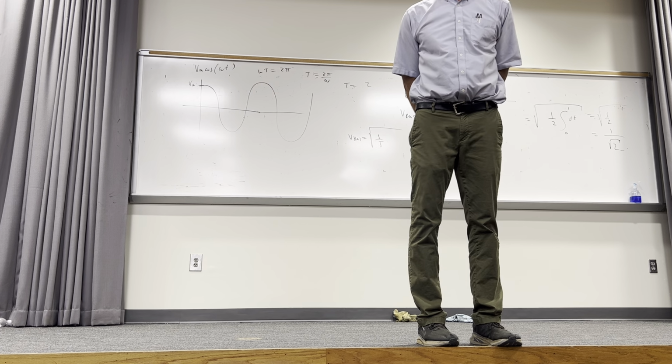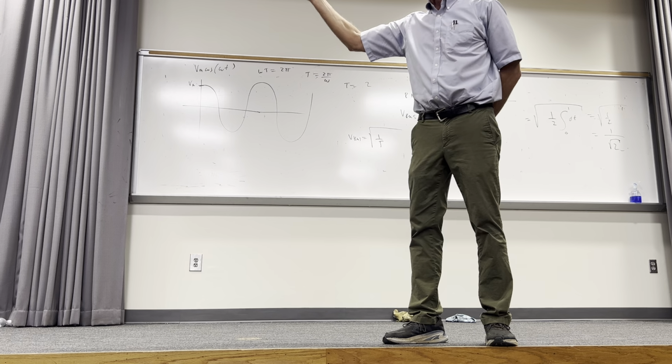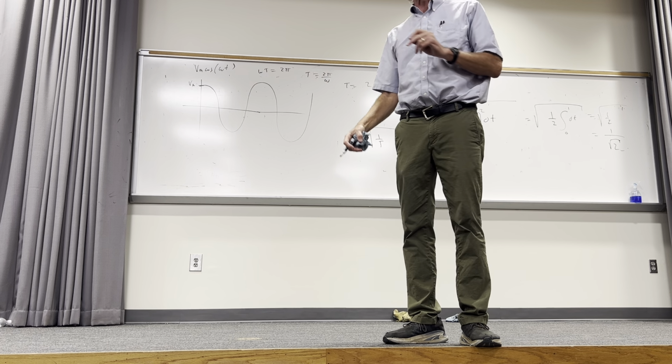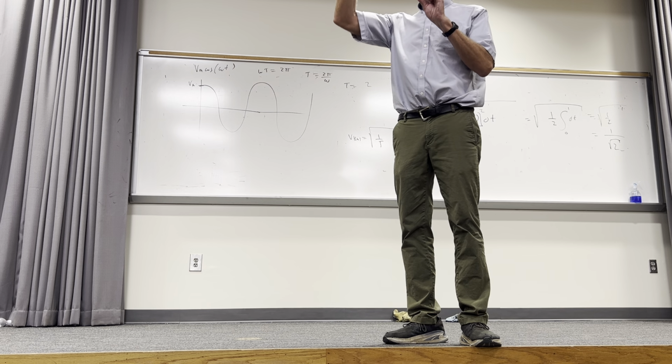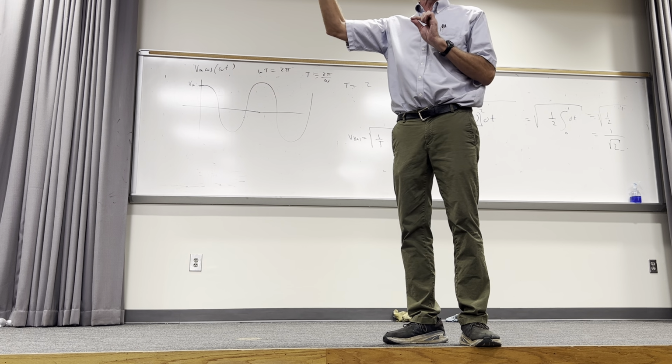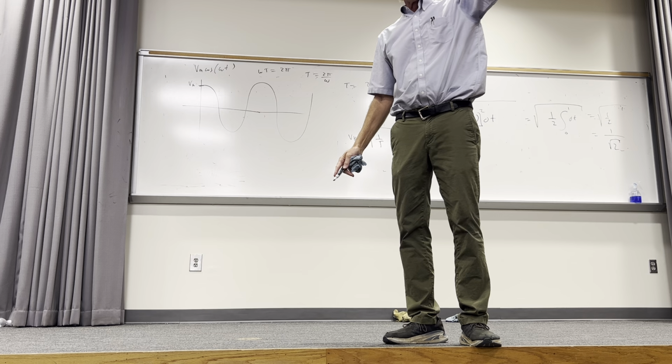How many remember that crazy trick? It's an identity. When you do that, you get a constant plus something that varies at twice the frequency. But anytime you integrate a cosine waveform over a period, or any number of periods, you get 0. Same with a sine waveform. How many know that?